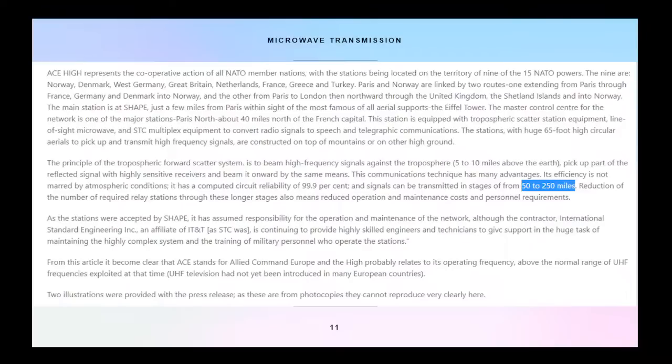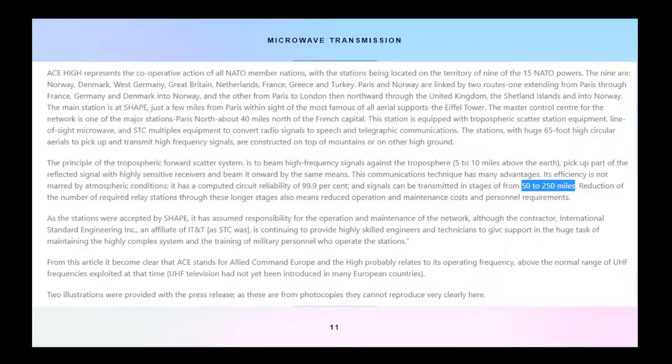So the principle of the tropospheric forward scatter system is to beam high-frequency signals against the troposphere 5 to 10 miles above the Earth, pick up a part of the reflected signal with highly sensitive receivers, and beam it onward by the same means. This communication technique has many advantages. Its efficiency is not marred by atmospheric conditions. Keep that in mind.